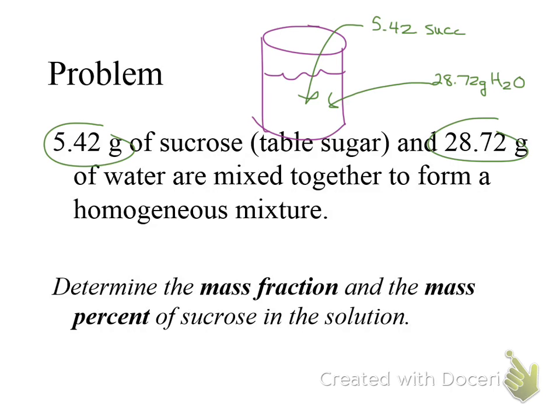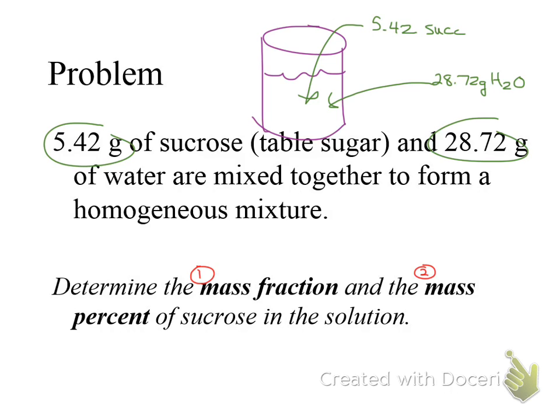And then we're supposed to do two things. So oftentimes in physical science problems, they ask you to do more than one thing. We're supposed to knock out the mass fraction of sucrose and the mass percent of sucrose here. Okay, so we can do that.